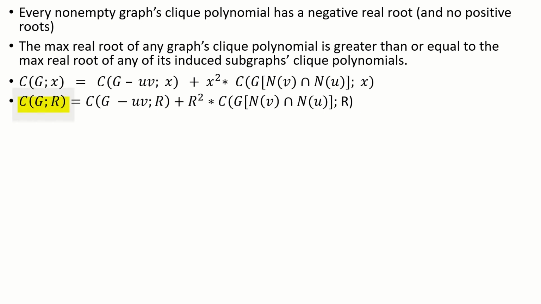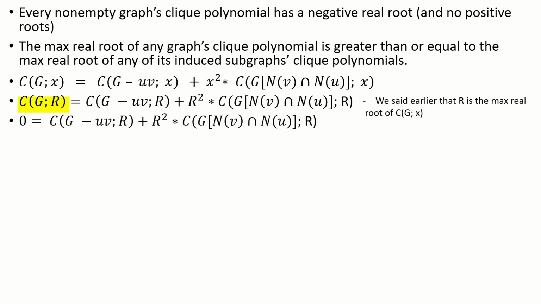The left-hand side is 0, as R was defined to be a 0 of G's clique polynomial. This factor here must be non-negative because it is the clique polynomial of an induced subgraph of G, meaning that it experienced its max real root at some point less than R or at R by our earlier theorem.